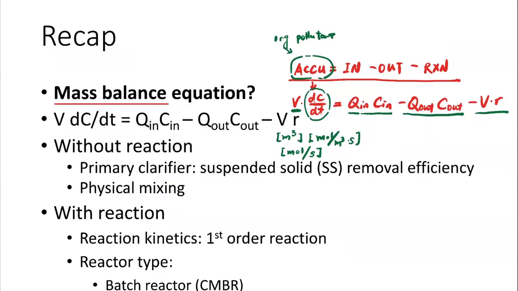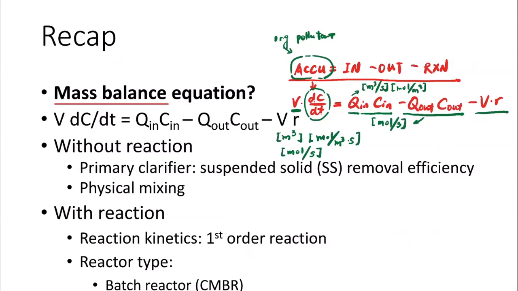If you further check the unit for the right-hand side terms, then the Q_in, or the flow rate, has the unit of meters cubed per second, right? And then the concentration has the unit of mole per meter cubed. Which means that this term is also going to have the unit of mole per second. The same for this term here.